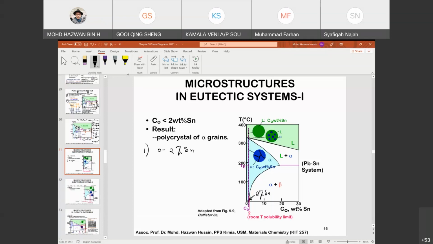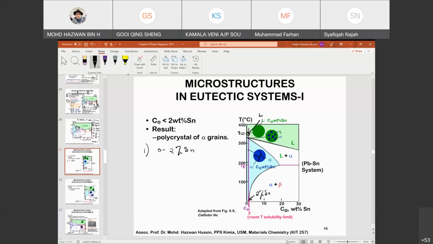If you have an alloy of around 1% tin at around 350 degrees, which is in the liquid phase, you will have a microstructure like this.